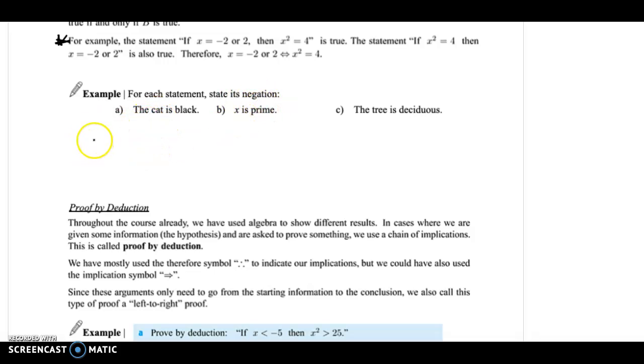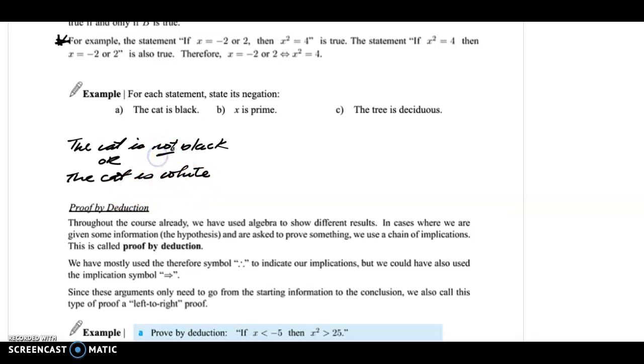A negation of that, well, you could say the cat is not black. But we could also say the cat is white. That's just saying, right? So then that's a negation of that.